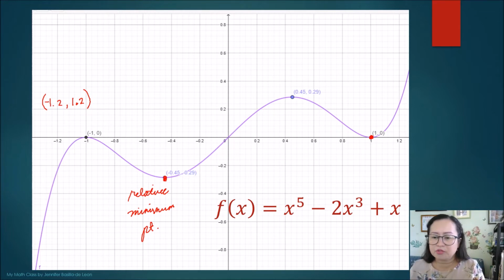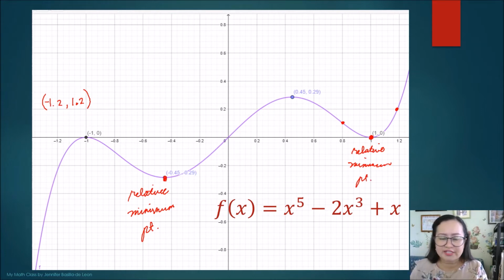For example, the point with coordinates (1, 0) is not the lowest point on the graph. However, it is lower than the points to its right and to its left. So we can also say that this is a relative minimum point on the graph.